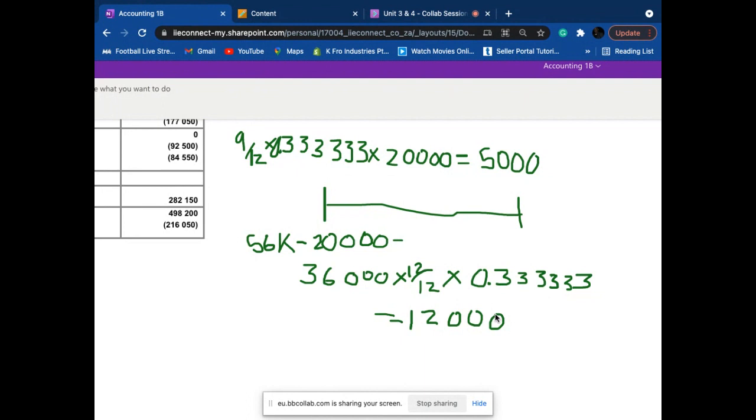Oh, I'm so sorry, guys. I made a horrible mistake. I don't know where I got this 56,000 from. It's supposed to be 80,000. Can you see the equipment is 80,000, not 56? Sorry about that. Let's do this.